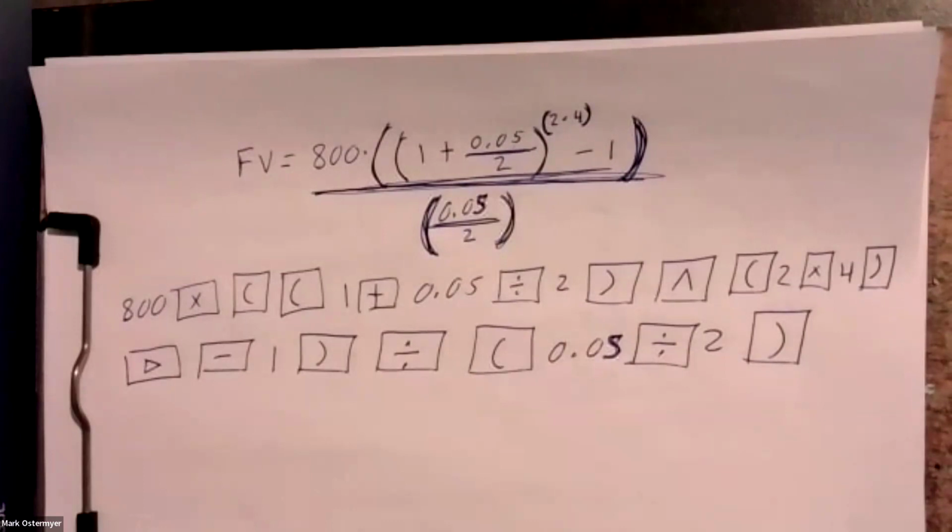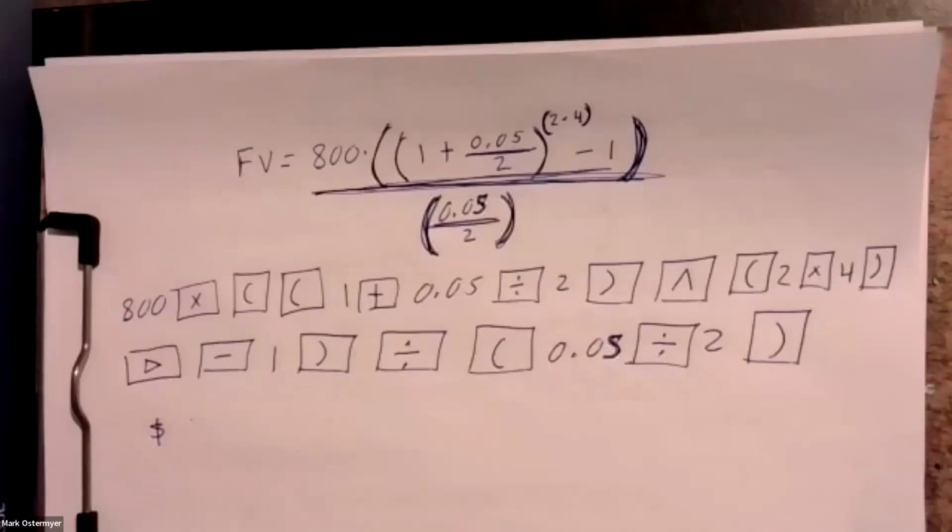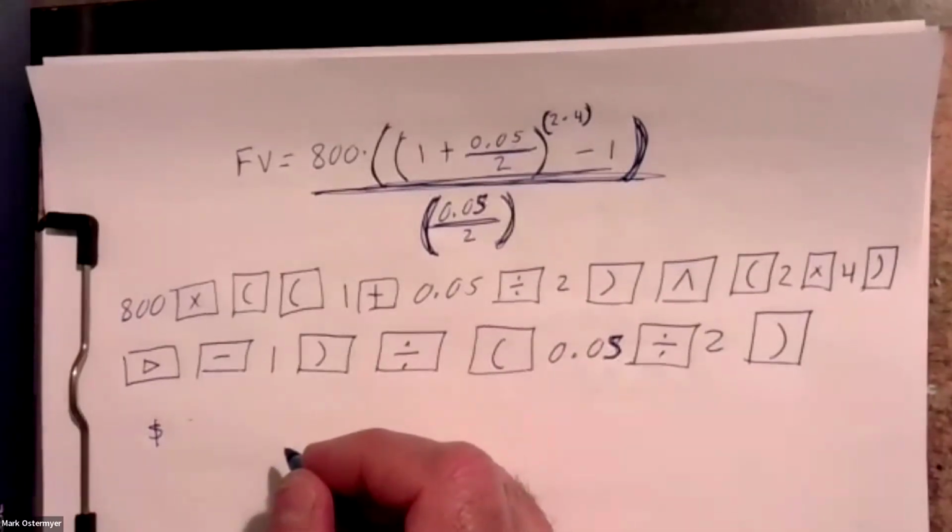Dial it up and tell me how much money, ladies and gentlemen, is going to be in our account 4 years from now in this annuity. 38,988 and 89 cents. Is that right? 38,000? I like your bank.